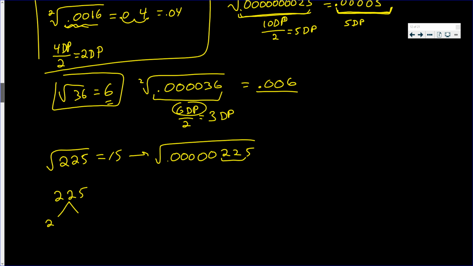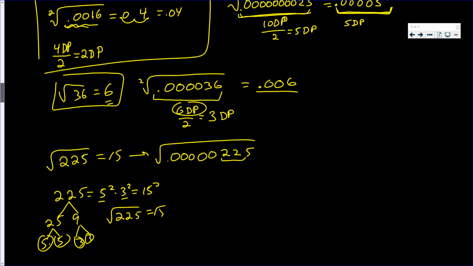Well, 25 goes into that number 9 times. This is 5 times 5. This is 3 times 3. So this is 5 squared times 3 squared. Oh, that's 15 squared. 5 times 3 is 15. Square it. So the square root of 225 is 15.